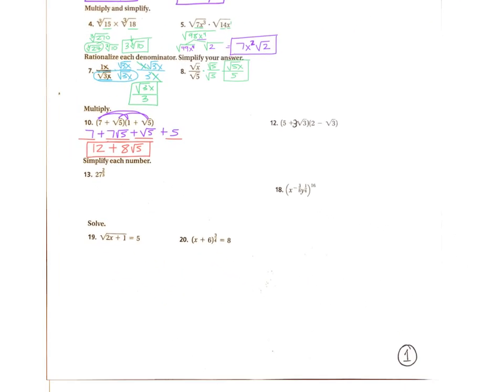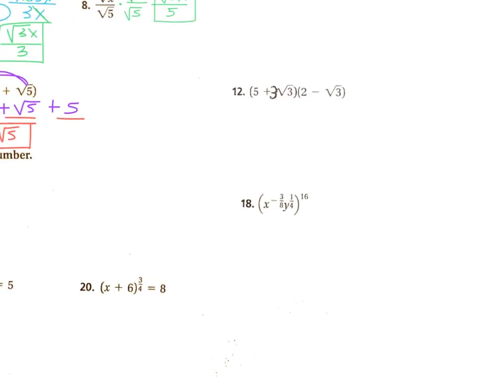Okay. Number 12. Again, we're going to FOIL this. So first would be 5 times 2, which is 10. Outside would be minus, because of this minus right here, 5 rad 3. Inside would be plus 6 rad 3. And then last is 3 rad 3 times rad 3.